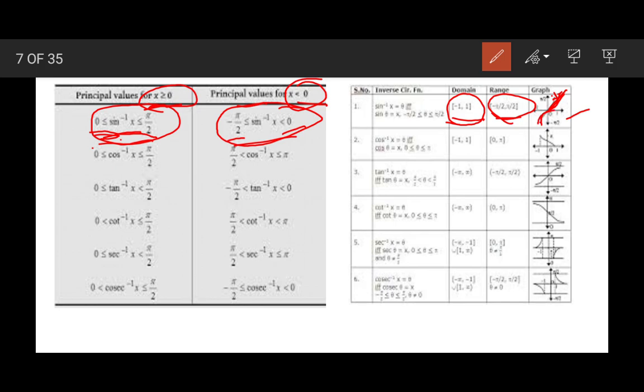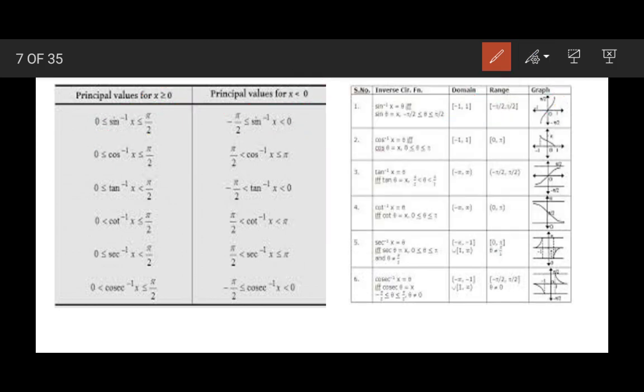Once again, the principal value for x greater than or equal to 0 and x less than 0. For x greater than or equal to 0, we have 0 less than or equal to sine inverse x less than or equal to pi by 2. For less than 0, it means negative values up to 0.